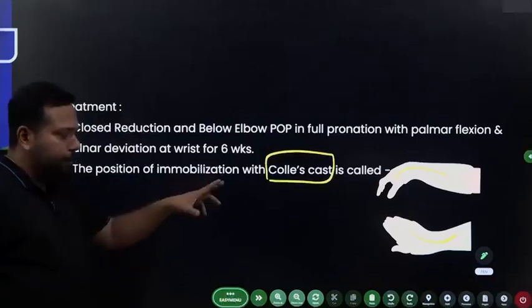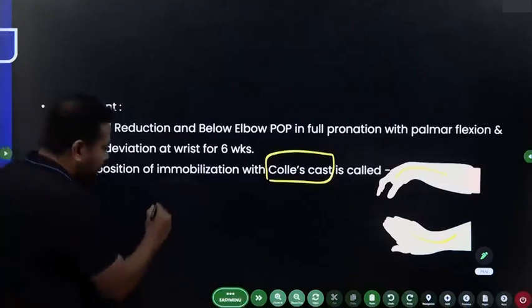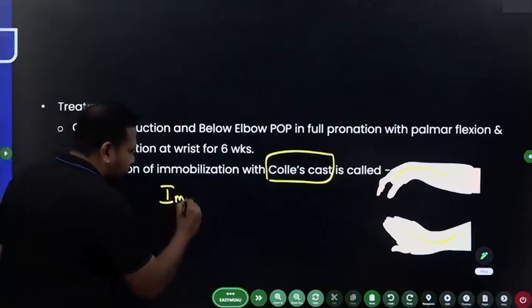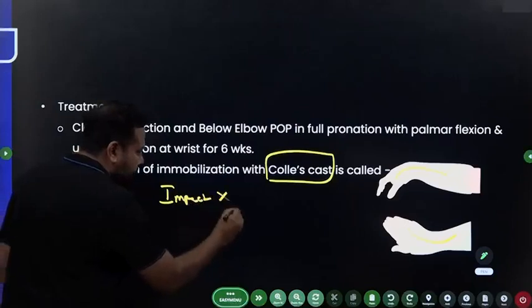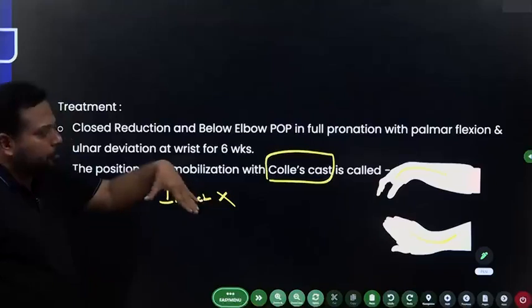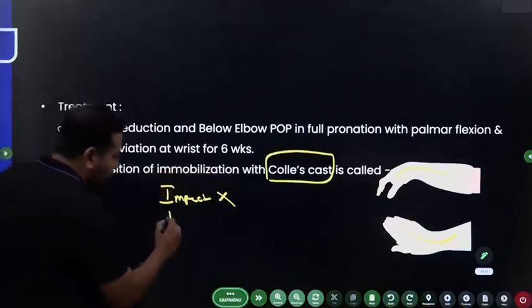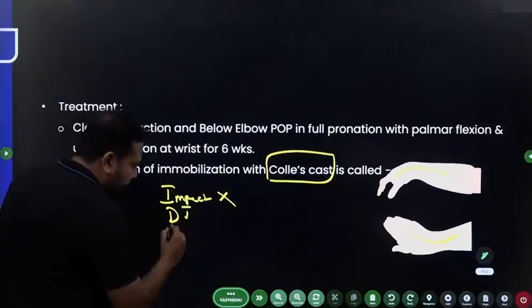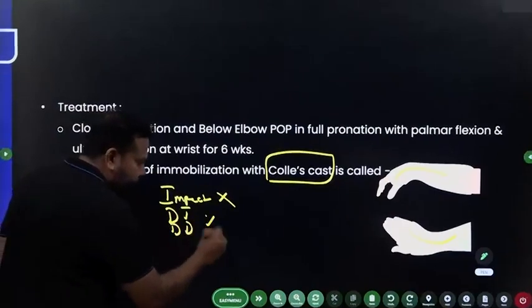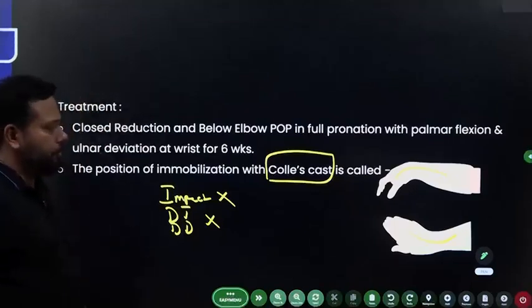How, when you do like this, are the displacements corrected? When you give traction, impaction is neutralized. Impaction, traction. When you do palmar flexion, dorsal tilt and dorsal displacement are neutralized.